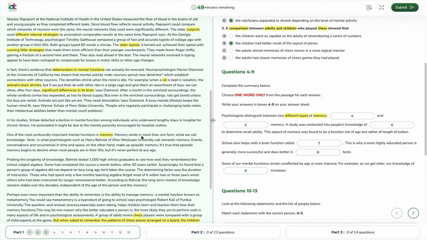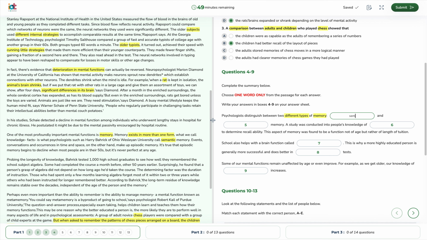So there should be something here related to this memory summary. Memory exists in more than one form. So you see here it clarifies that we are on the correct passage, because they are talking about two different types of memory. You don't even have to read this part. The first memory they call semantic memory.